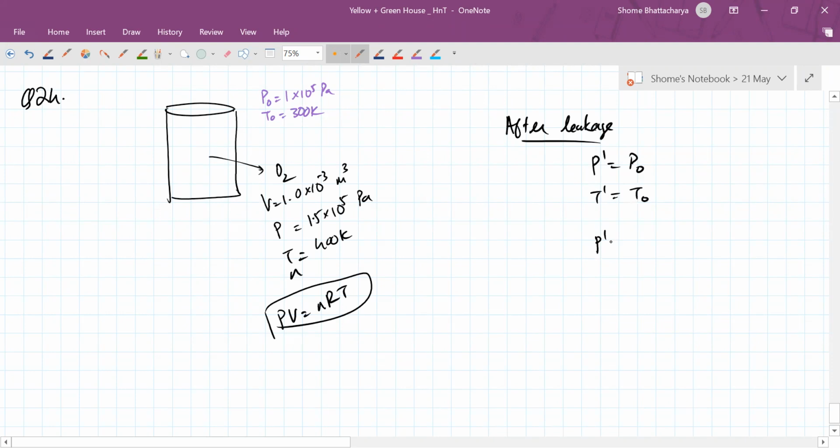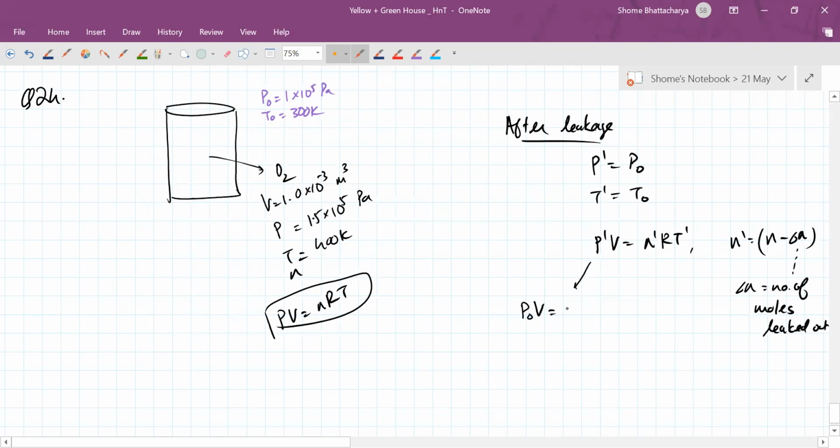So now we have P prime V is equal to N prime times R into T prime, where N prime is equal to N minus delta N, where delta N is the number of moles leaked out. This will become P naught V is equal to N minus delta N times RT.